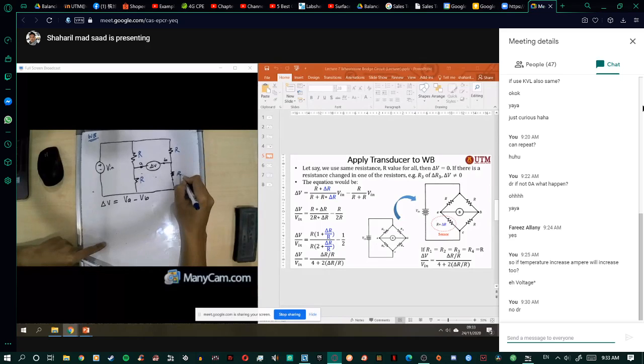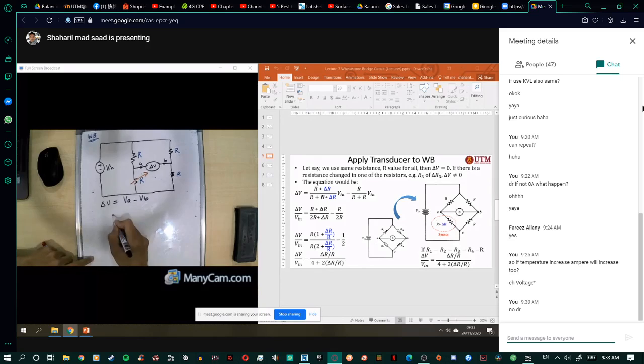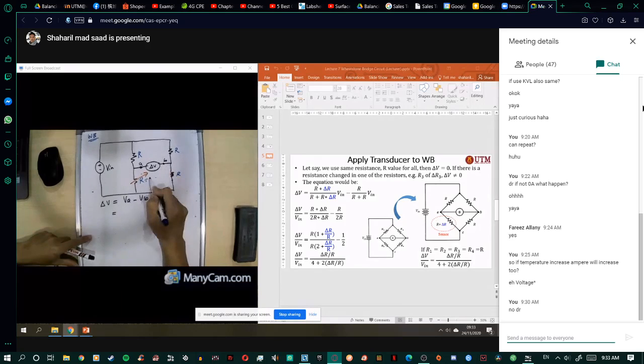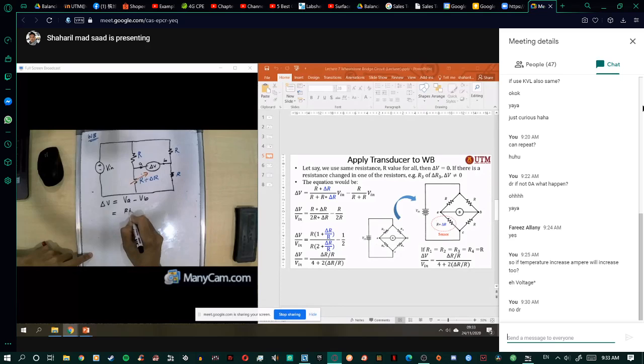So this one is R. This one is R. Okay. So now you get delta R here. So R plus delta R divided by R plus delta R plus R, times V in, minus R divided by R plus R, times V in.